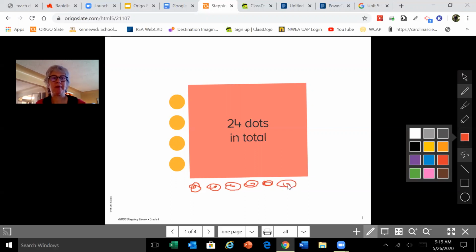Now, don't just take my word for it. If we did 4 times 6, we should get 24. So if I go this way, let me see if I can draw. I have 4. And here I can see I've got 4 times 1, but I need to do 4 times 6.